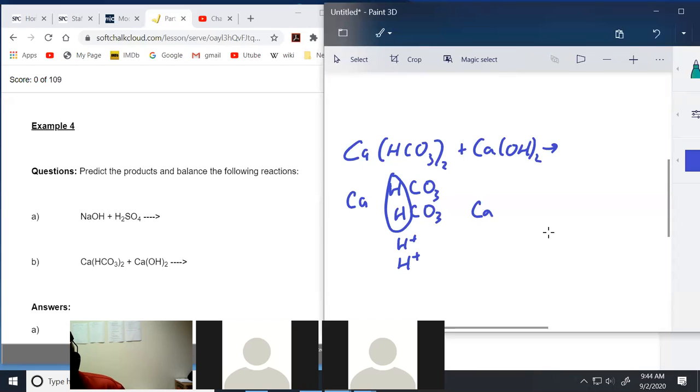And we've got Ca and then OH and OH. And the Ca here will be 2 plus. And I'm going to leave the CO3s without a charge for a bit here because it's not really relevant. So the H plus and the OH minus will join together to give water. And what's left over is the Ca2 plus, and now I'll put the charge on the CO3, CO3 2 minus.